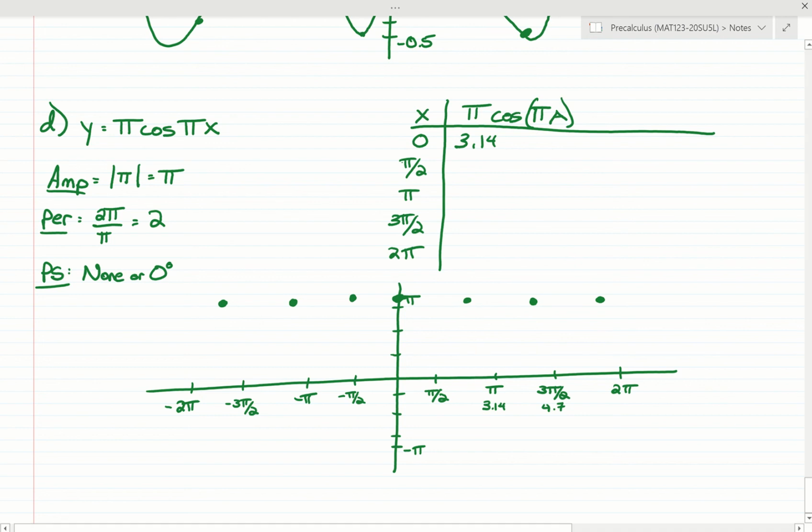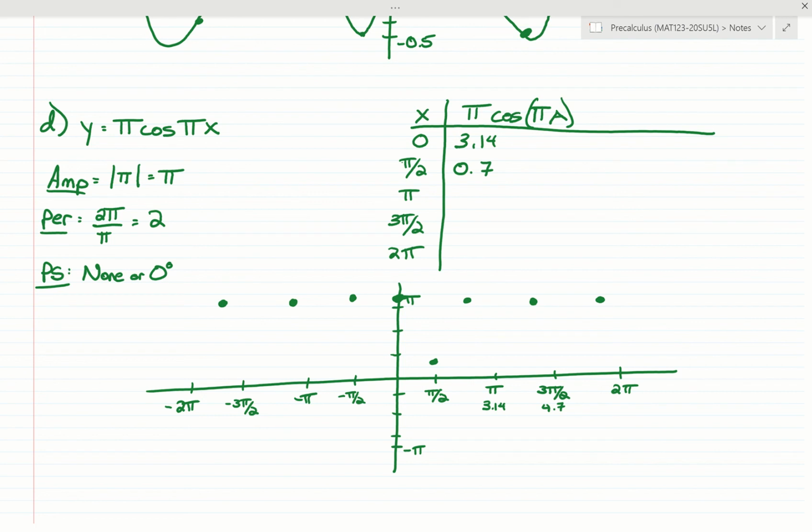Let's try pi over 2. Pi over 2, store it, and I'm getting 0.7. Okay, let's try pi.